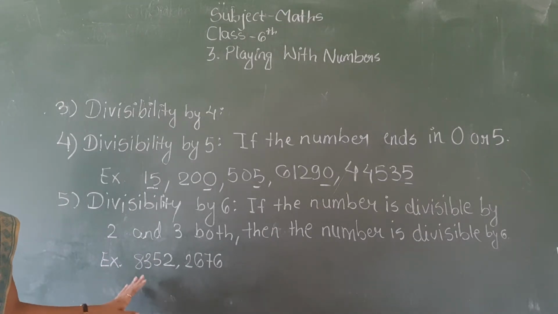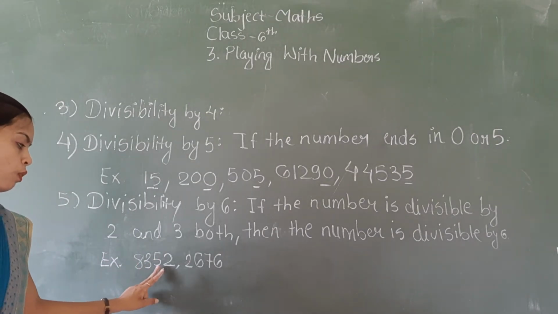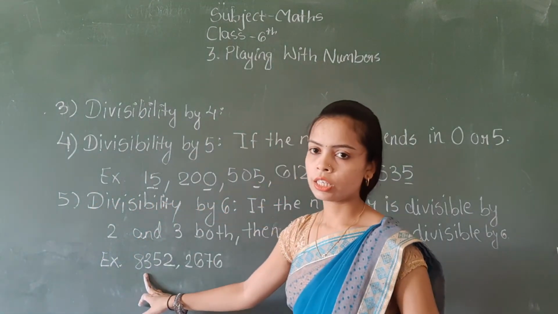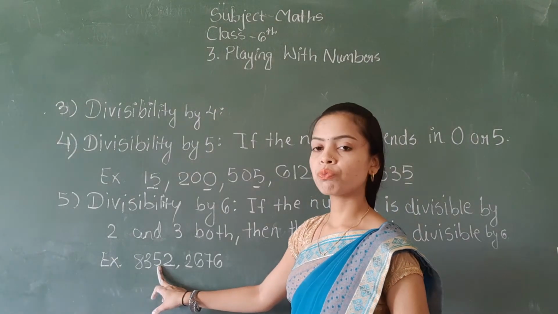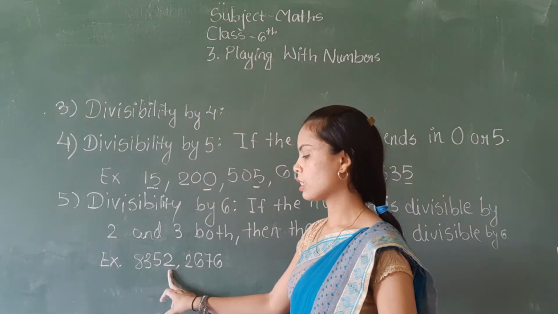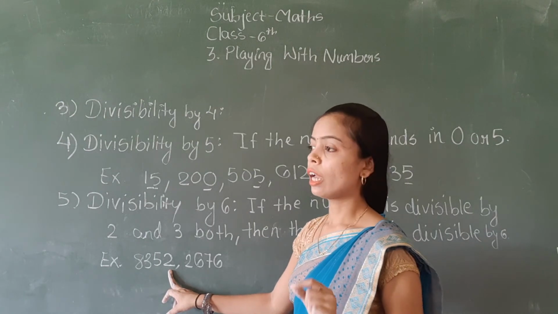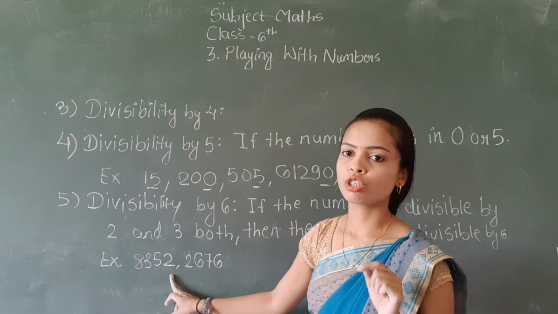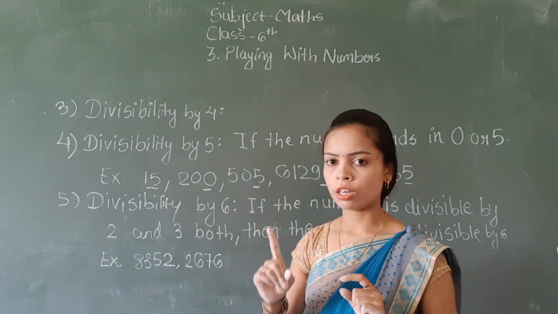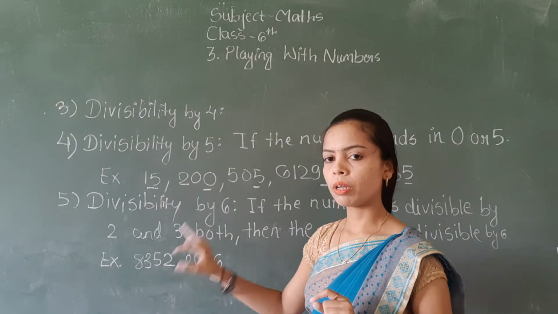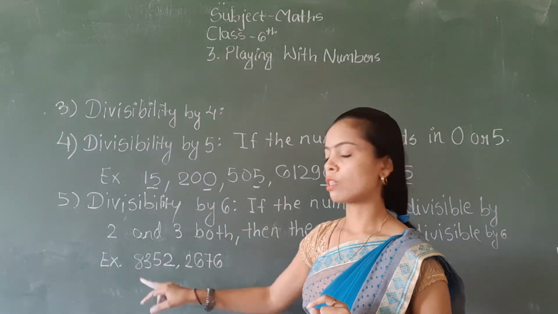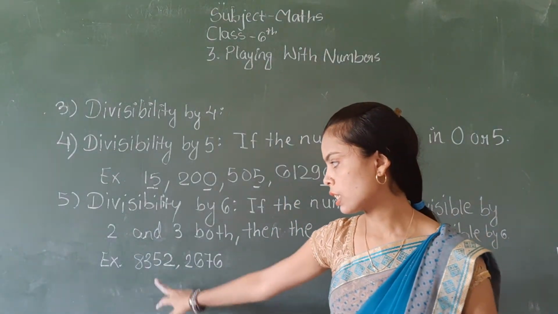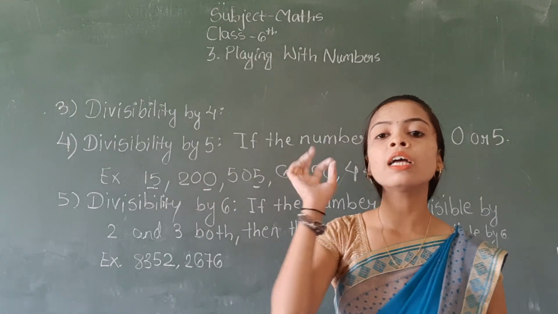In these cases, take 8352. Add all the digits: 8 plus 3 is equal to 11, 11 plus 5 is equal to 16, and 16 plus 2 is equal to 18, and 18 is divisible by 3, or you can say that 18 comes in the table of 3. So this number is divisible by 3. Okay, and since in the unit place there is a digit 2, that means it is divisible by 2 also. So it is divisible by 2 and also by 3. So we can say that 8352 is divisible by 6 also.